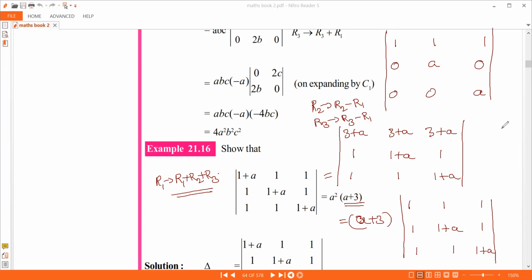So how to evaluate this? Very, very simple. You go to the last column.